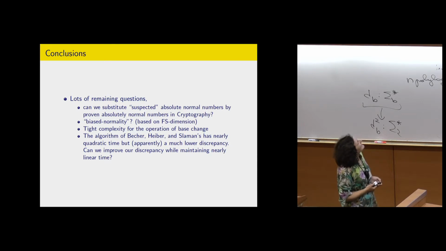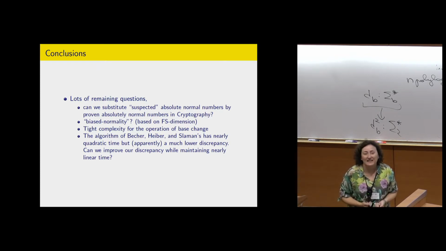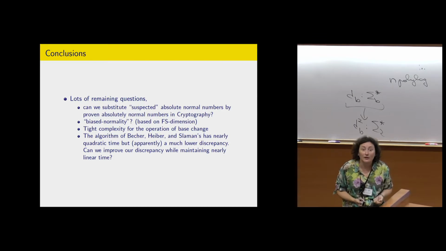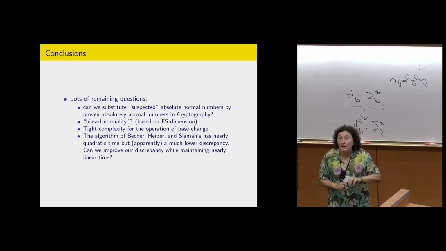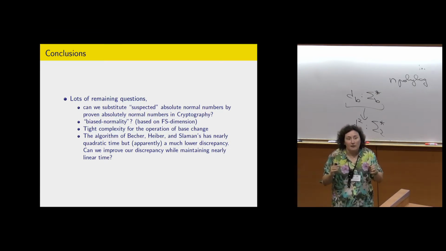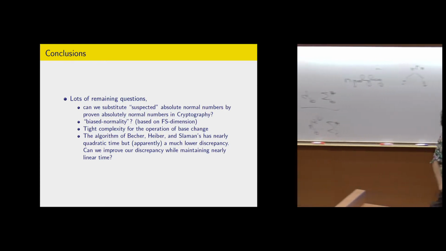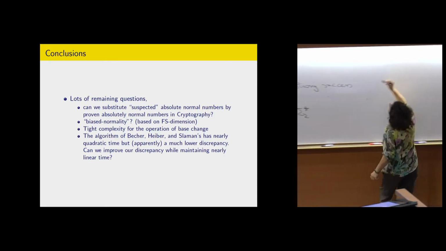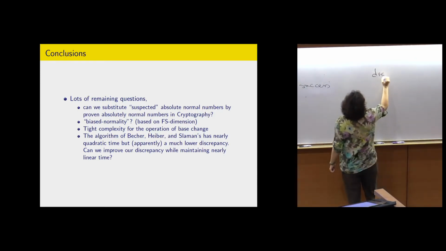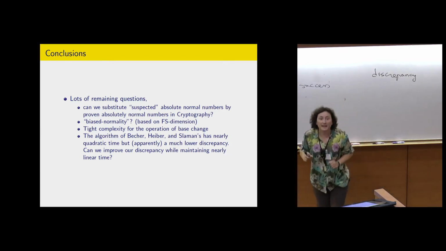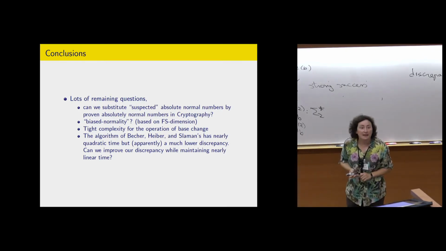And finally, I explained to you Becher, Heiber, and Slaman. I'm going to take the freedom of saying it the Spanish way. They have an algorithm previous to this one, which is in quasi-quadratic time. It's a very nice algorithm, probably far more mature than ours. It has an extra advantage: the discrepancy, meaning the convergence speed to normality, is very high.